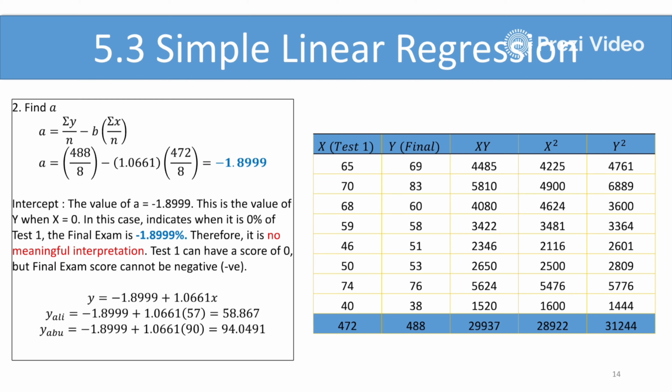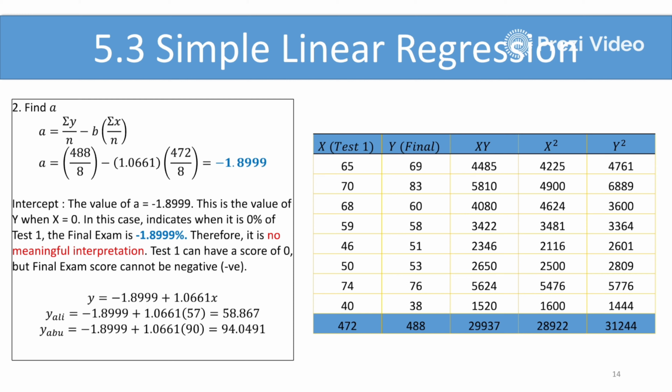Bila kita ganti dah selesaikan, you just solve the equation, you dapat 58.867. Meaning that the final score of Ali, if the test 1 is 57%, is that he will get 58 point. It is estimated that he will obtain 58.87% in his final.